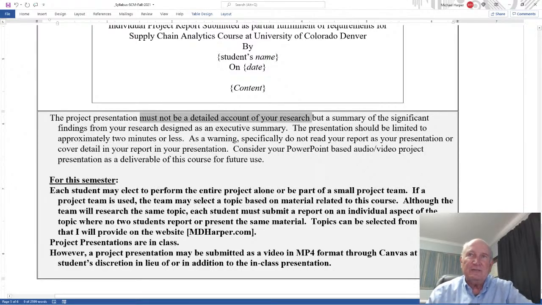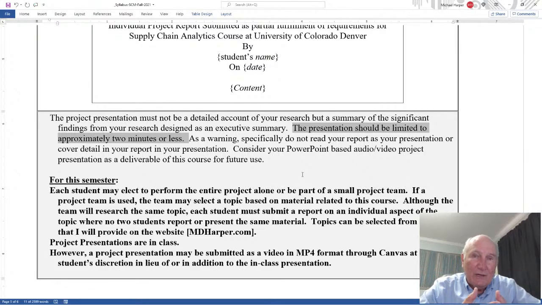The presentation should be limited to approximately 2 minutes or less. I've had students say, I can't give my report in 2 minutes. And I say, that's the whole point. The presentation is not giving your report. That's the written part. The presentation is the highlights of what you do.